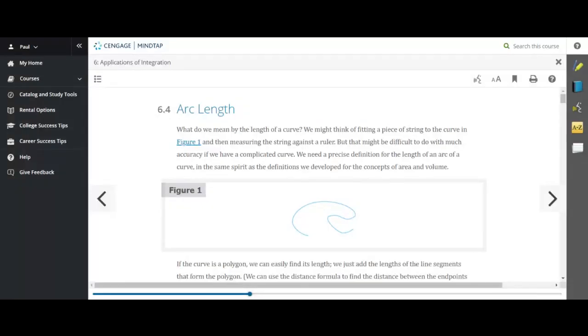So now we're in section 6.4, another application of integration called arc length. Let me just bring up the whiteboard for a moment. So, of course, an arc, and normally we draw them in red.